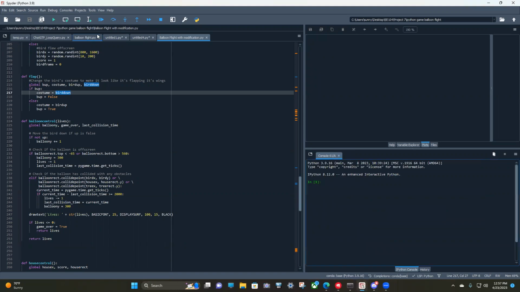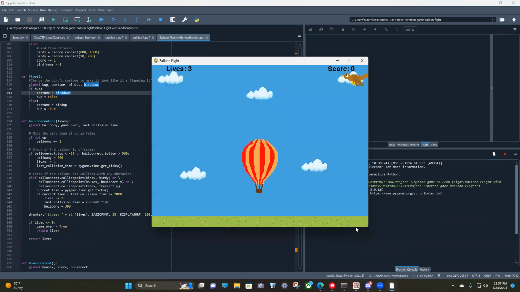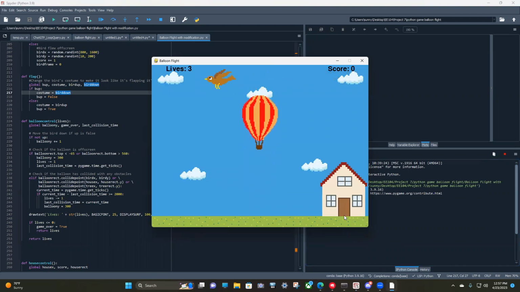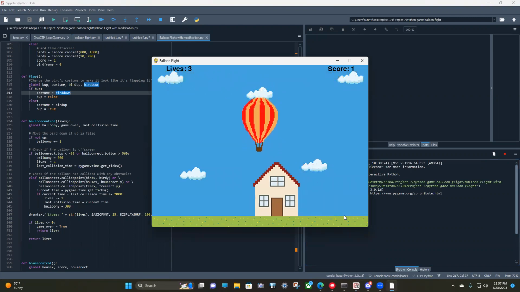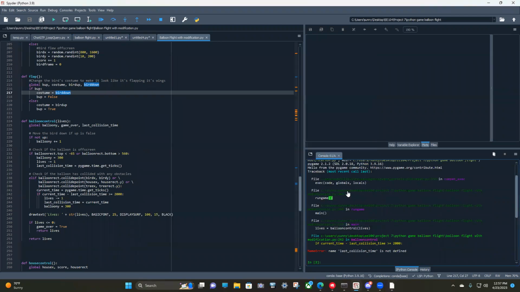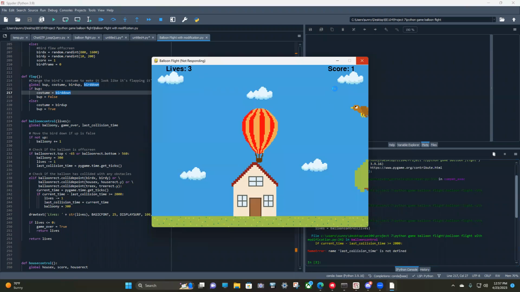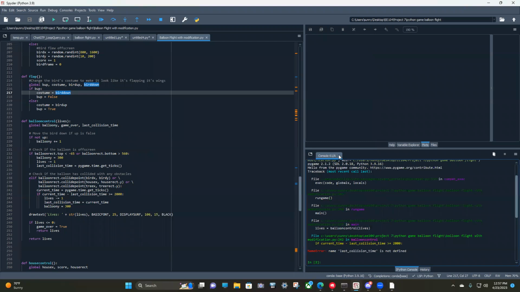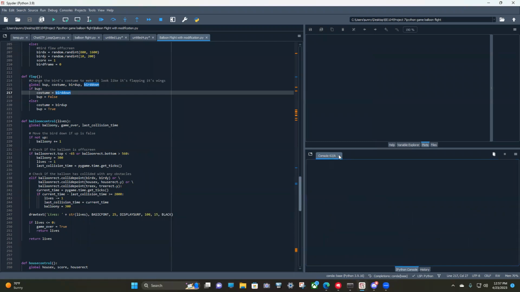Okay, restarting kernel. Let's try again. So this is the game. Collision. Okay. It was working last night.